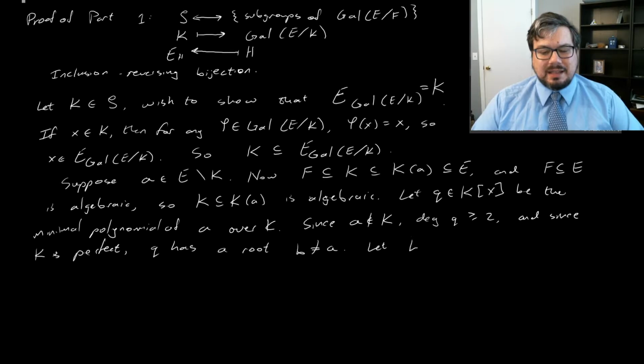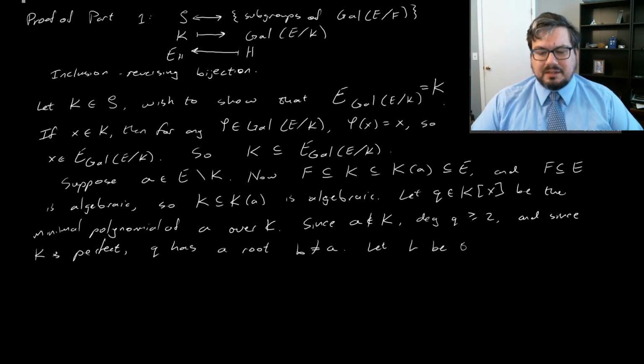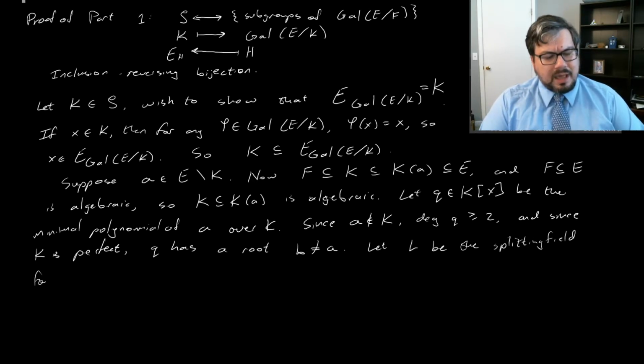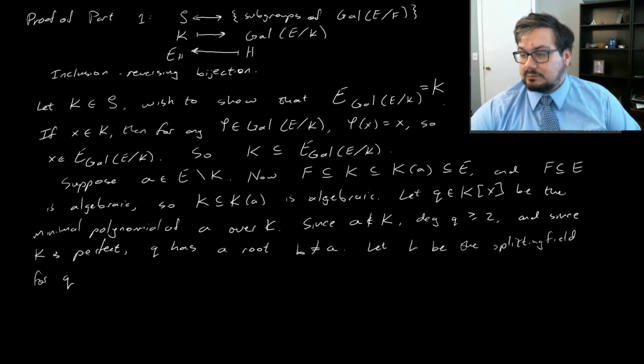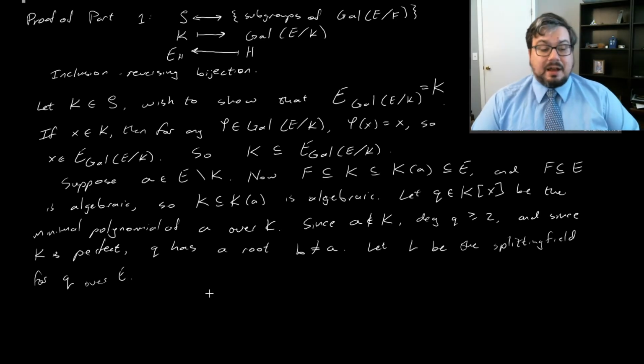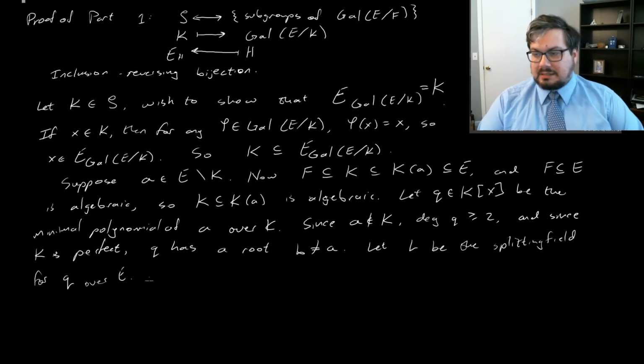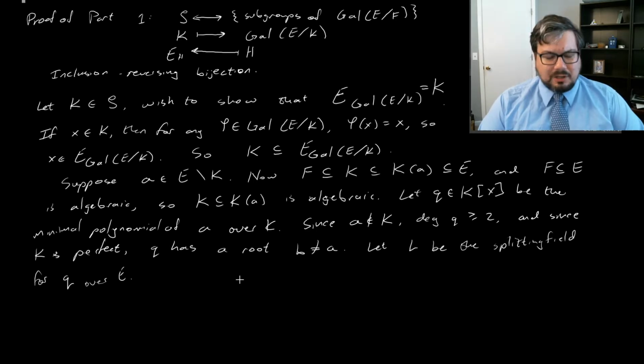So let's let L be the splitting field for q over E. Now, we're going to show that L actually is exactly E, but let's see how we get there. Or rather, we're going to show that b belongs to E, which is what we need.